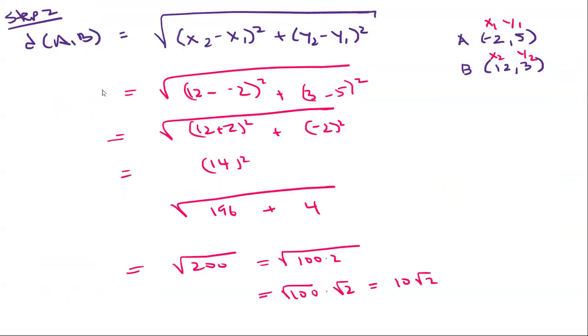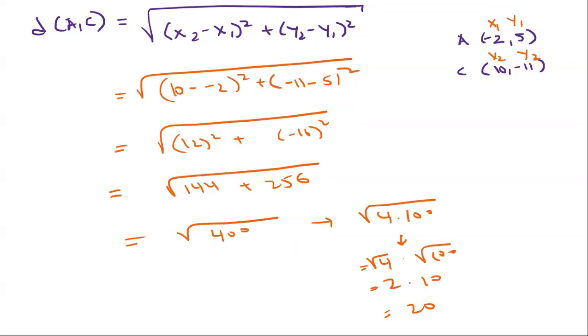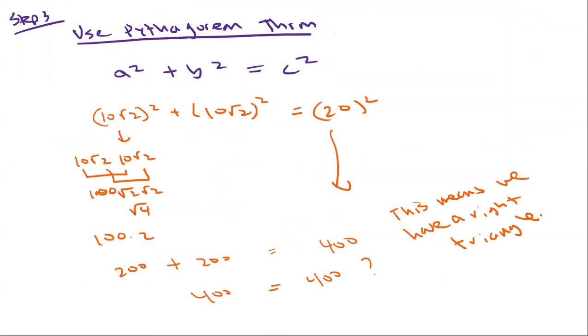So we calculated the distance of AB, the distance of BC, and the distance of AC. Then we need to show whether this is a right triangle, and that's through the Pythagorean theorem.